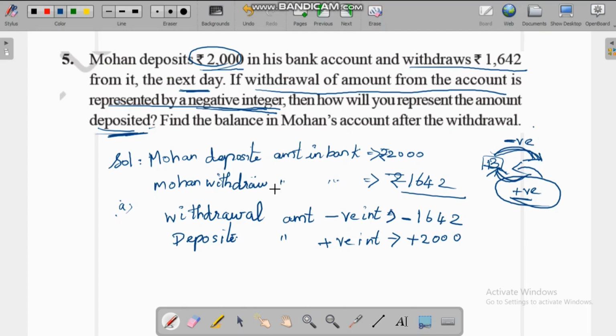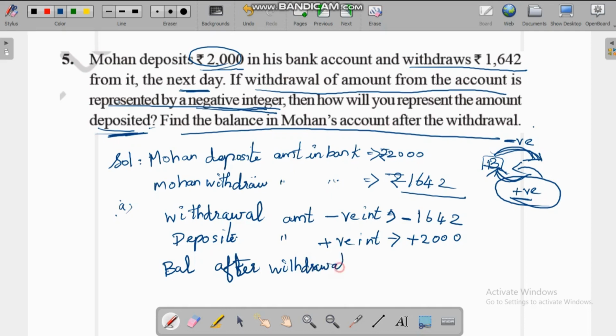So this is part A. Finally, they have asked what the balance in Mohan's account is. So the balance after withdrawal is 2,000 minus 1,642.